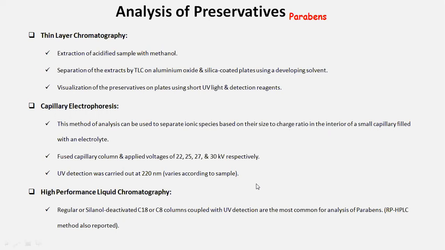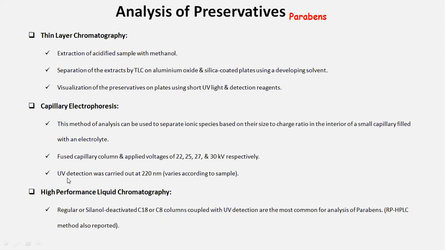A fused capillary column and applied voltages of 22, 25, 27 and 30 kilovolts respectively will be used for capillary electrophoresis. This electric voltage depends on the type of sample one is using. In general, we commonly use the range of voltages from 22 to 30 kilovolts.